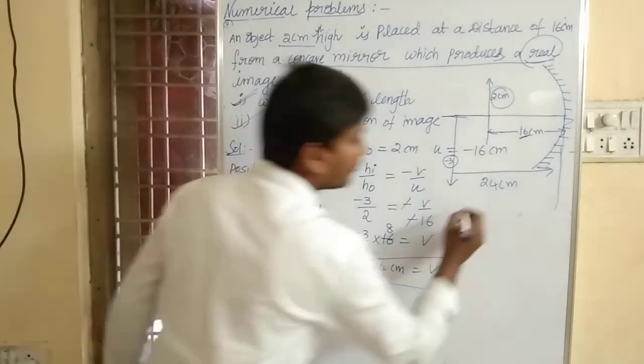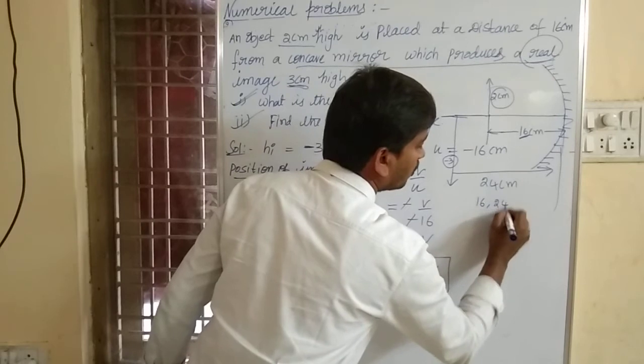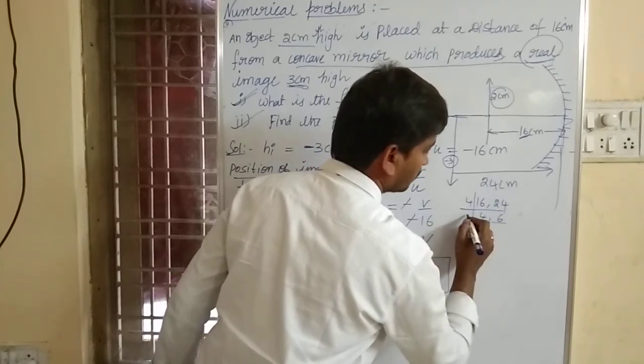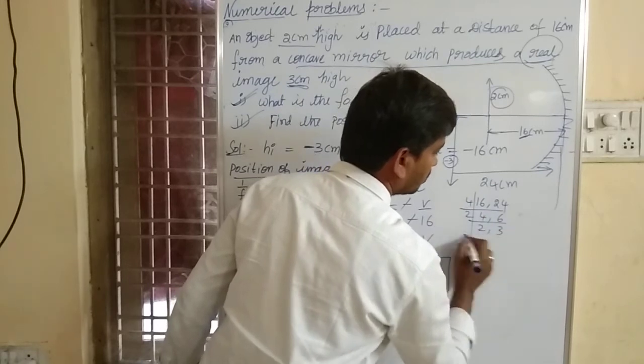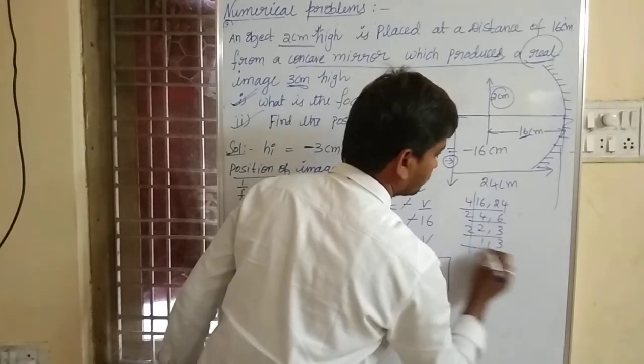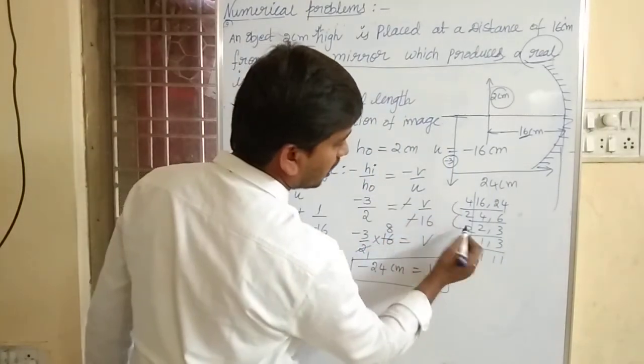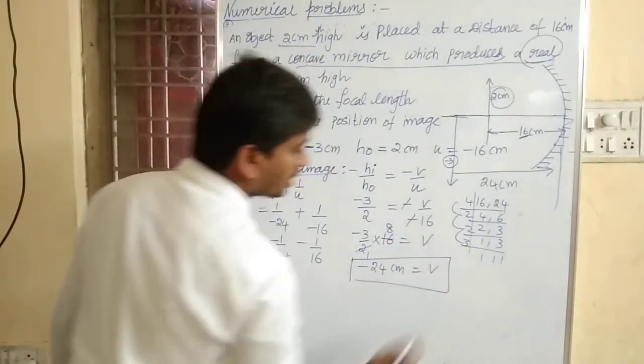What is the LCM of 16 and 24? Let me go with the 4 table: 4 fours are 16, 4 sixes are 24, then 2 twos, 2 threes, 2 ones, and 3. So 4 twos are 8, 8 twos are 16, 16 threes are 48.